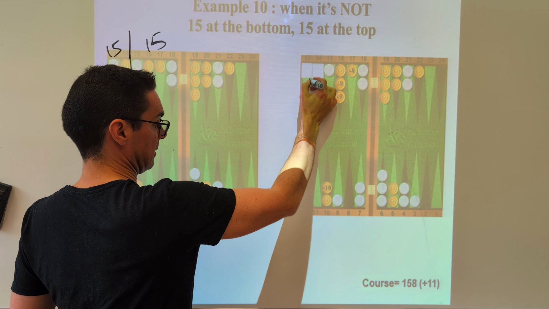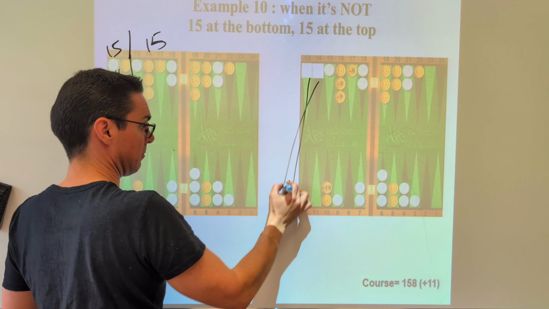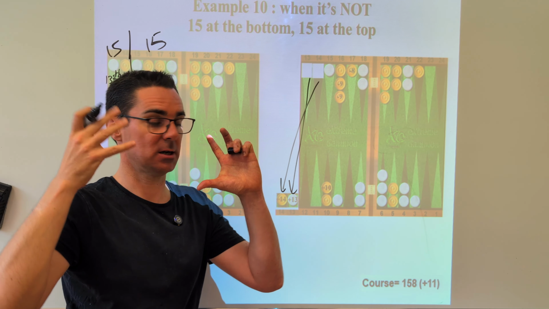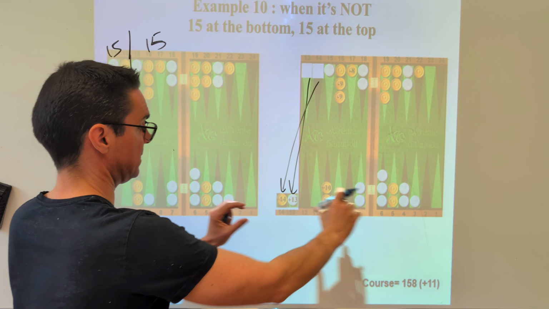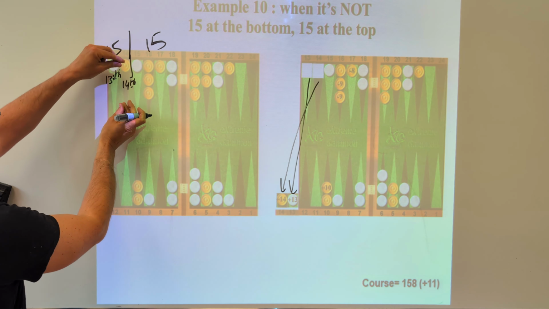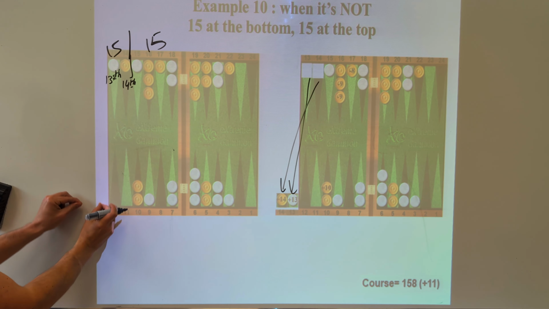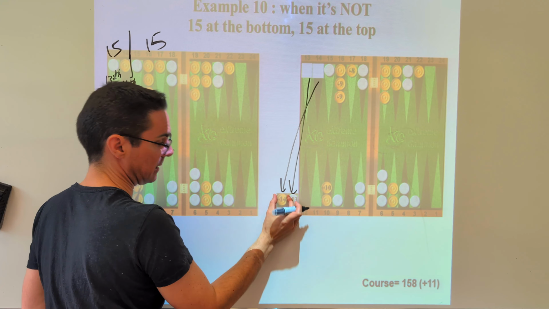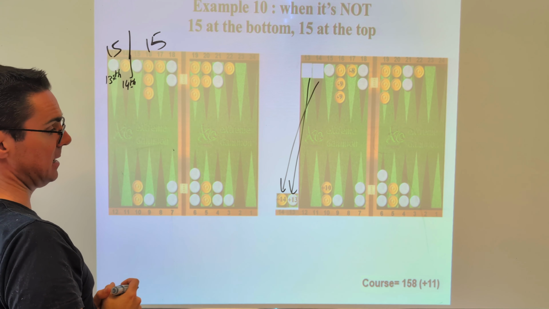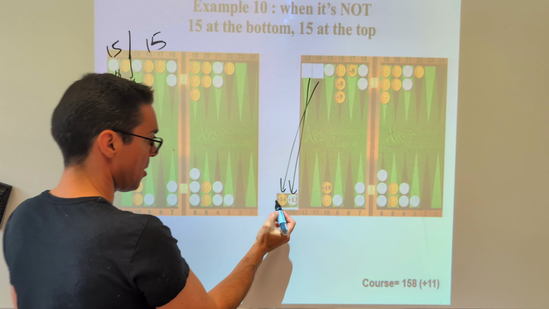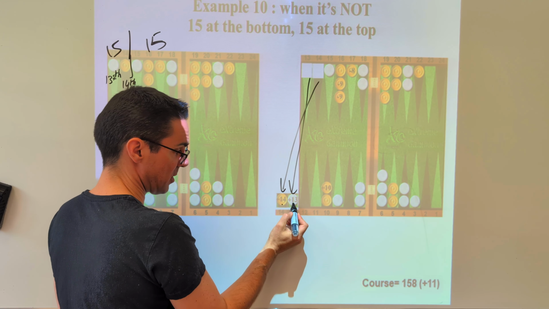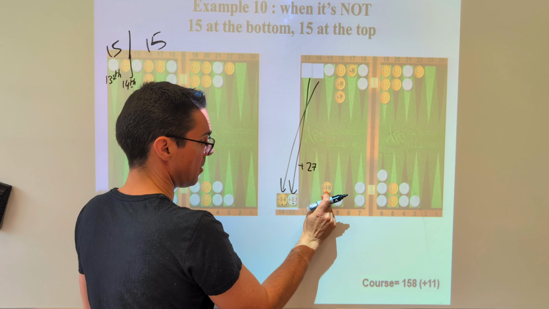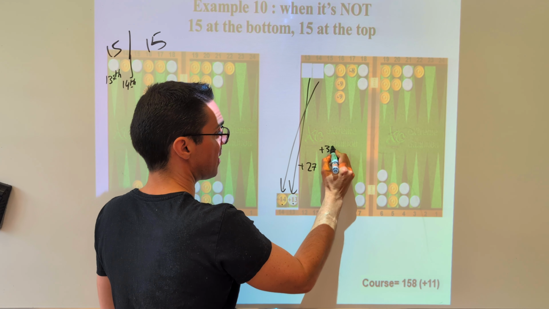Or you can, if you want, have this mental image of this board instead of this board. You put the 2 checkers and mentally you put them on the 13th pip and on 14th pip here, and you will have plus 14 plus 13, which is plus 27. Plus 10 is plus 37.